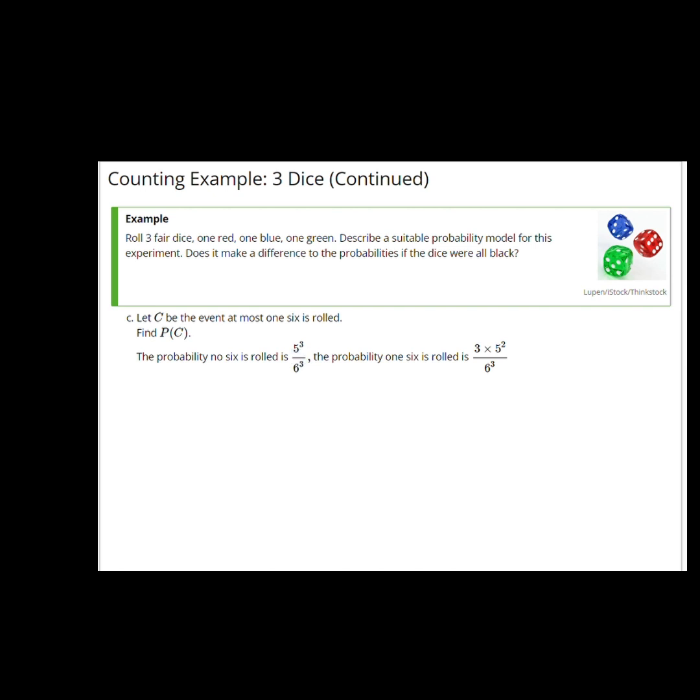The probability 1 six is rolled: well, the 6 can appear in any one of the 3 possible locations. So there are 3 choices of locations for the 6, and then the 2 remaining places have to be filled with a number from 1 up to 5, and this can happen in 5 squared ways. So the probability is 3 times 5 squared divided by 6 cubed. It's either 0 sixes or 1 six, so we add these 2 probabilities together to get the probability of C.